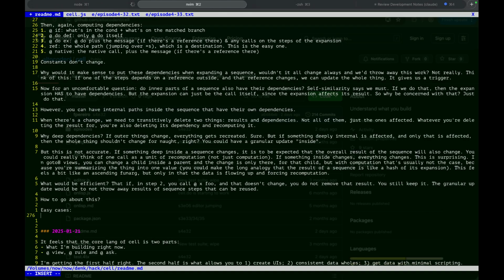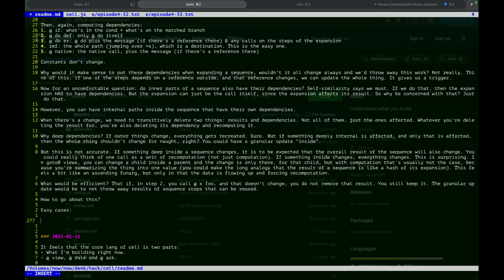Easy cases. 2 and 4. Just one reference. Sequence definition.